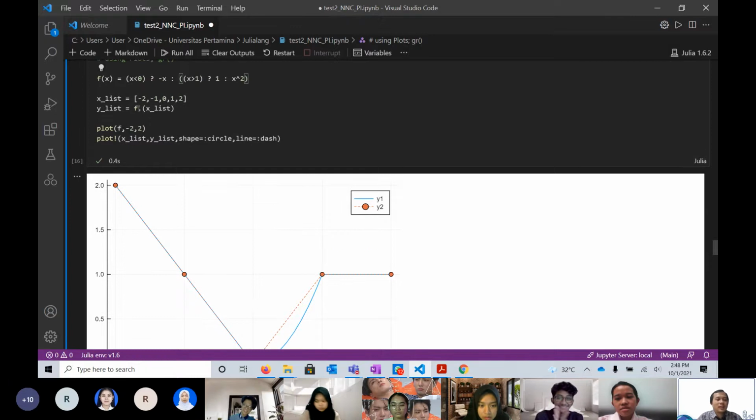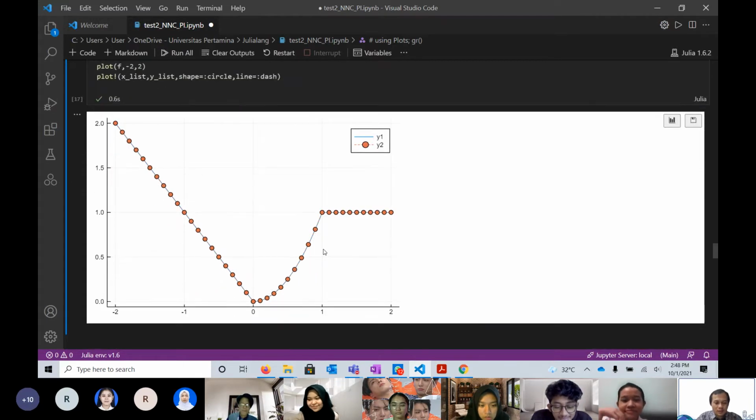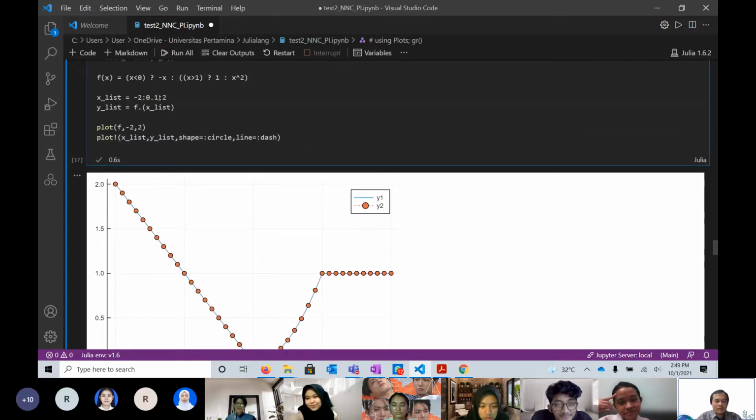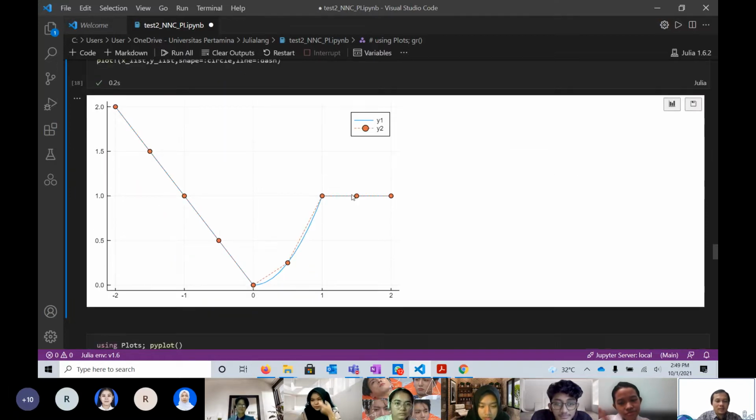Let's try to do the same thing. We make the x to be like this, -2, and then we take step 0.1 up to 2. We plot it, it should look like this. So if we make the step 0.5, the plot will look like this.